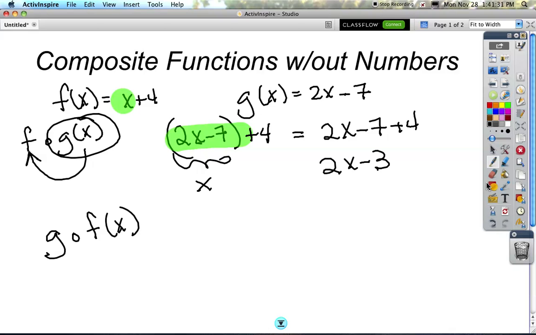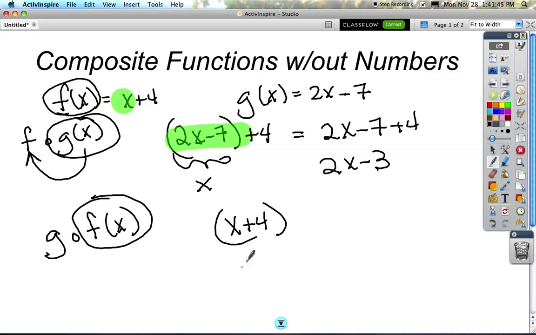Okay, so we're starting with the f. Look, this says f of x, right? F of x is equal to x plus 4. I'm going to put that in parentheses. Now that is going into this x right there.